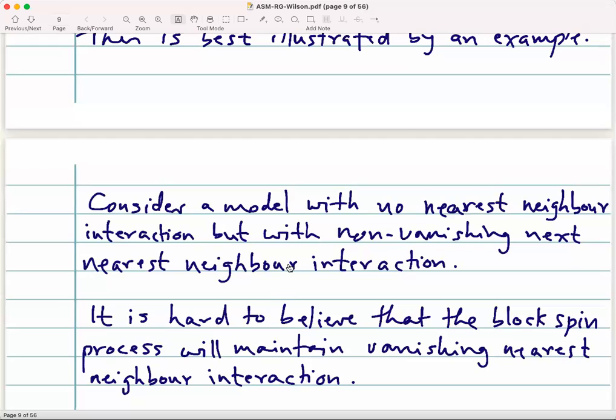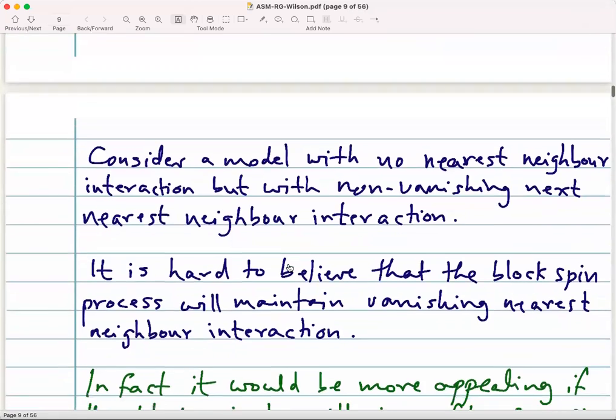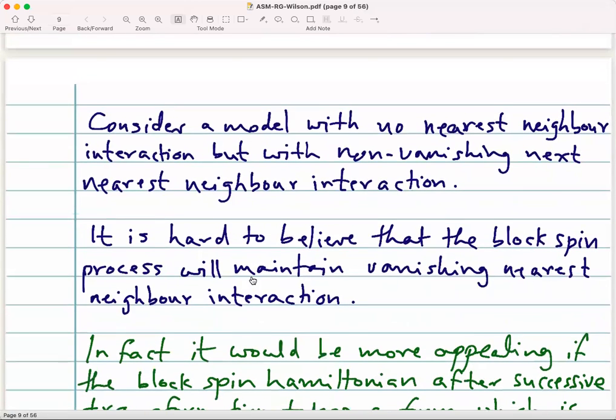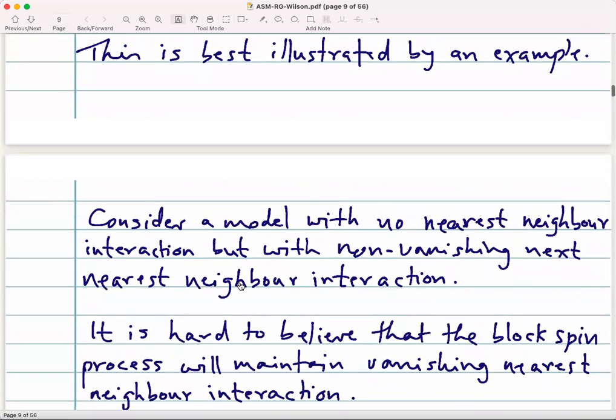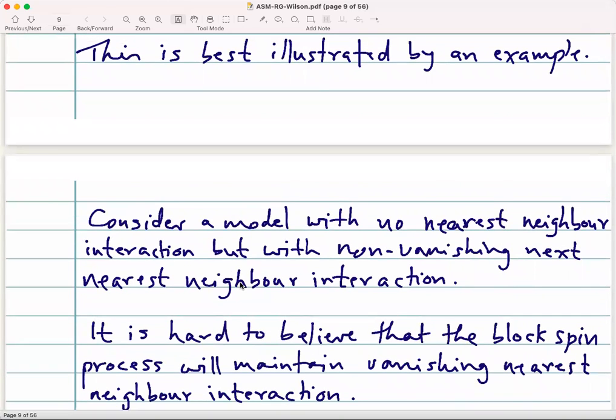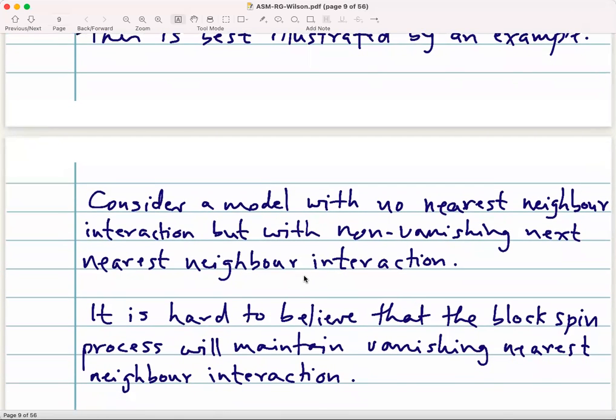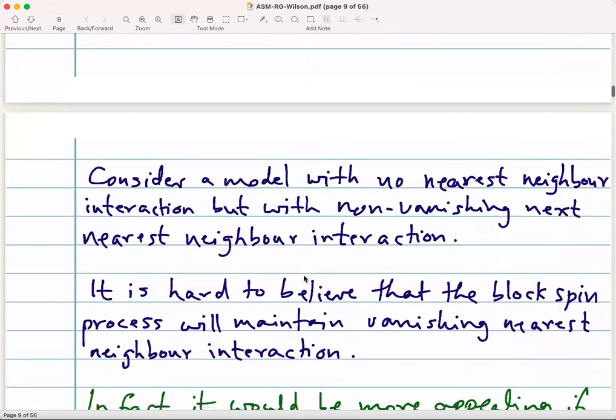And after blocking, the original proposal would say that you would continue to not have nearest neighbor interaction, but will have next nearest neighbor interaction. It's physically hard to imagine why such a thing would happen. So this is a two-line statement about the illustrative example as to why the assumption that the new Hamiltonian for the block spin would have the same structure as the old Hamiltonian, in terms of which original degrees of freedom were interacting, seems a bit odd.